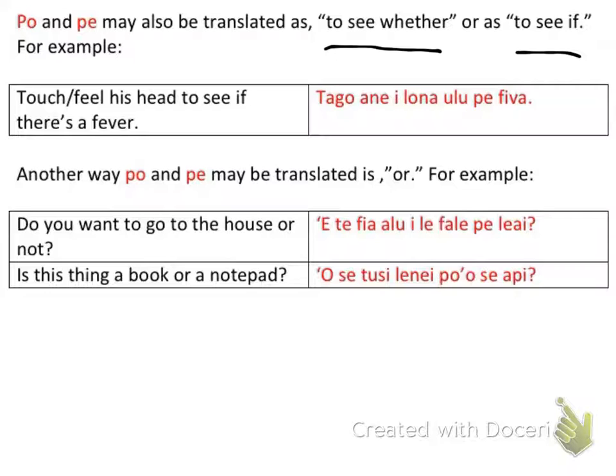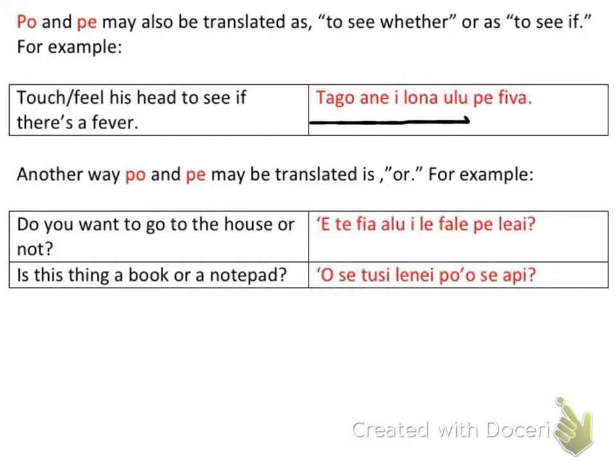Okay, so the Samoan equivalent would be tago ane i le ona ulu. So that is touch his head, okay? And then to see if there's a fever, this whole thing, to see if, marks an indirect question. And so that whole thing can just be translated as po or pe.